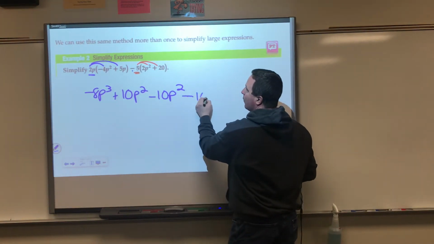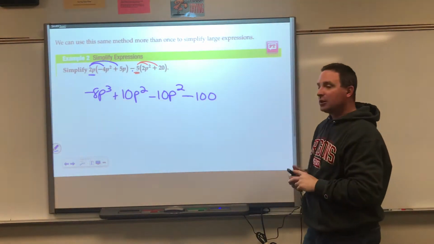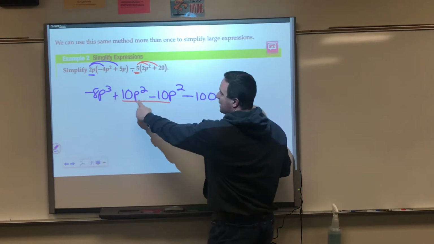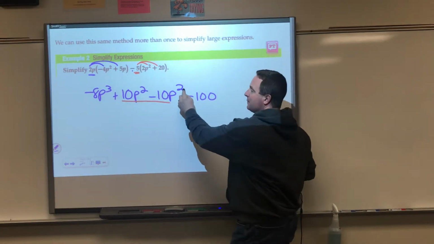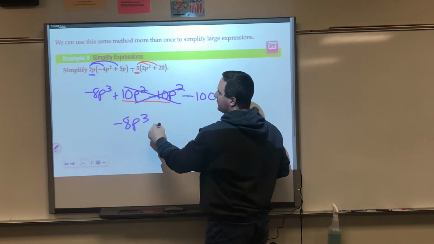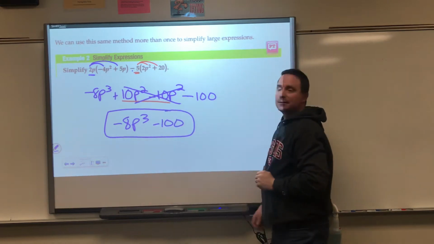Now this one only has one letter, but if you look closely in the middle here, it has some like terms. 10p squared minus 10p squared, they cancel out. The only thing I have left is negative 8p cubed minus 100.